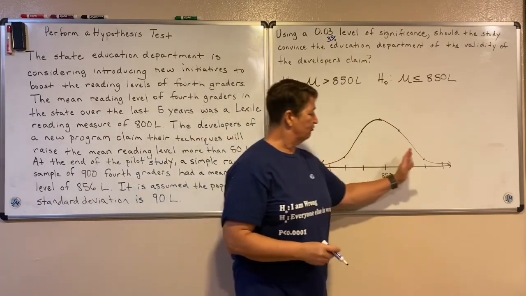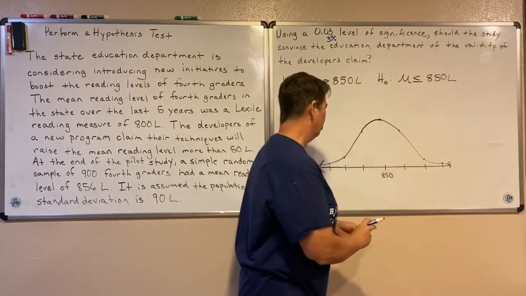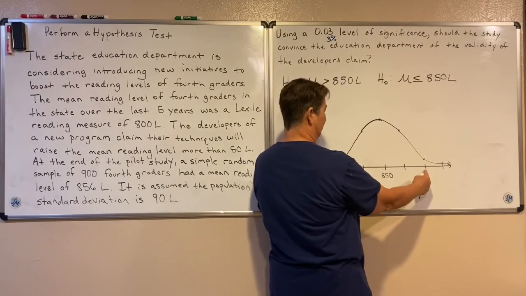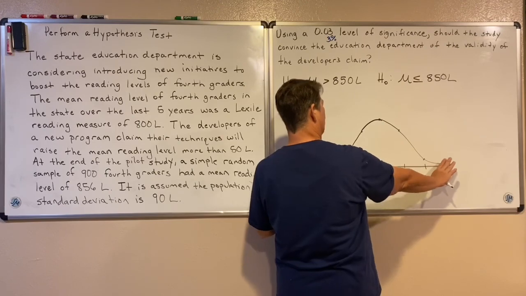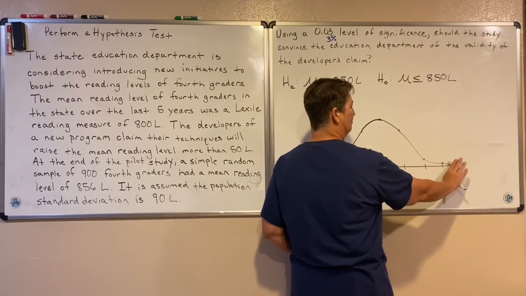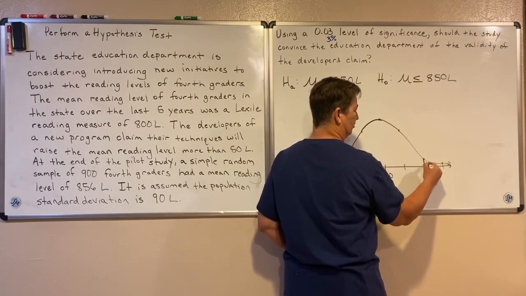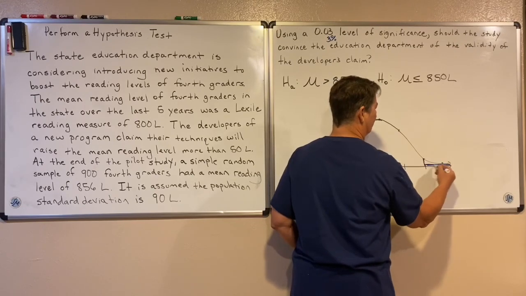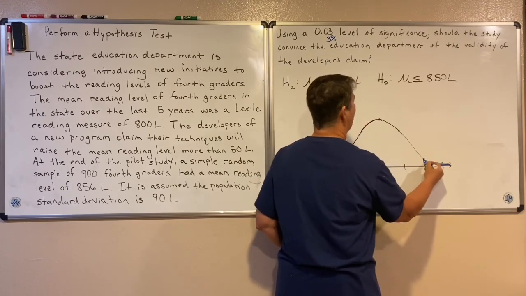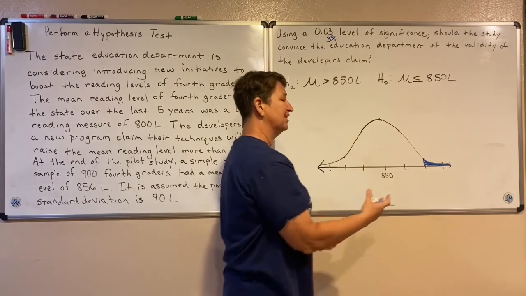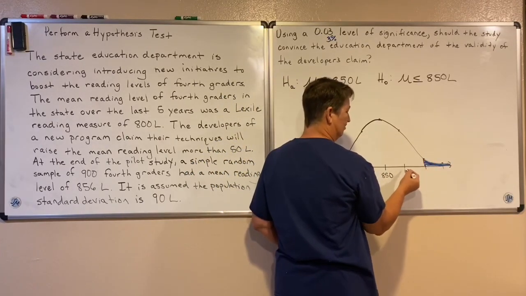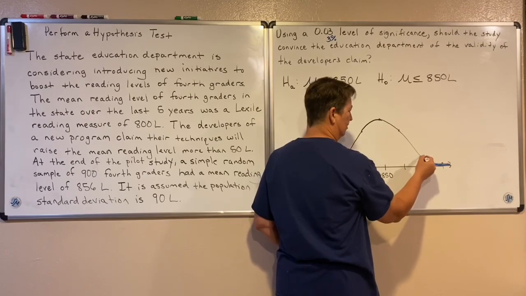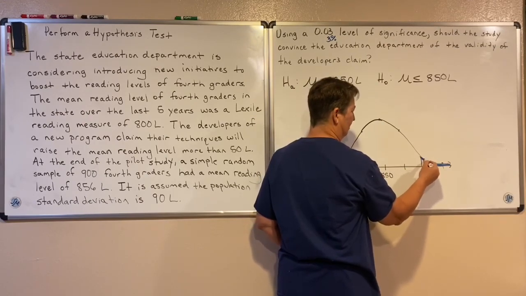Well, I know from the empirical rule that if I go out 2 standard deviations, that's 5% on both ends, so that would be 2.5% just here. This is 2.5%. But I have a level of significance that's a little bit bigger than that. So it's going to be a little bit less than 2 standard deviations.